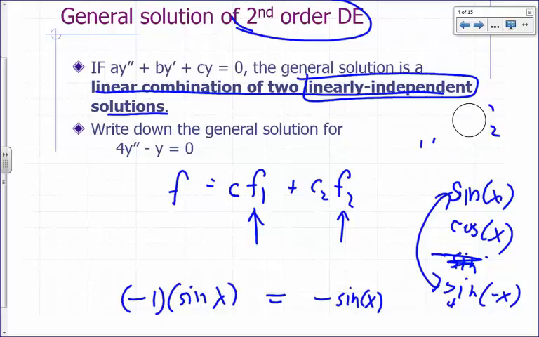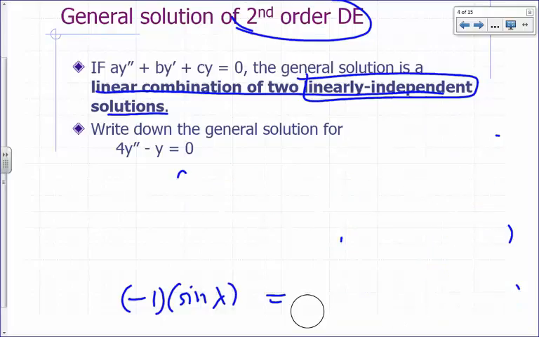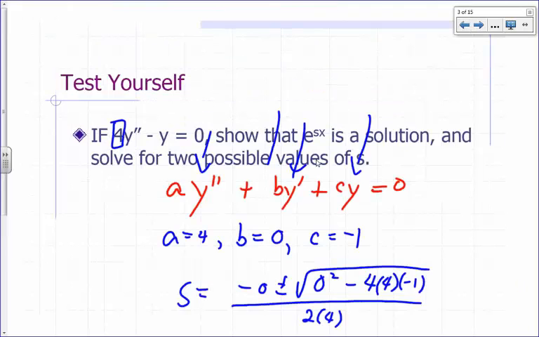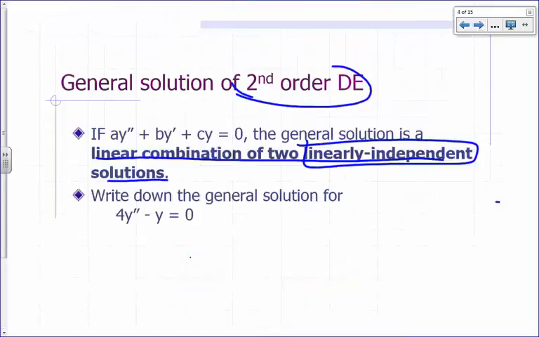All right, so earlier, what did we say are two specific linearly independent solutions? e to the s1 x, the same problem we had earlier, right? And so our two possible solutions are e to the 1/2 x and e to the negative 1/2 x. So those two are linearly independent solutions.